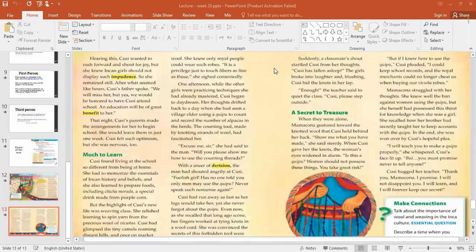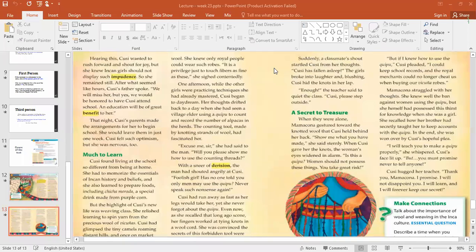Much to learn. Kuzi found living at the school so different from being at home. She had to memorize the essentials of Incan history, of beliefs, and also learn to prepare food, including chicha morada, a special drink made from purple corn. But the highlight of Kuzi's new life was weaving class.